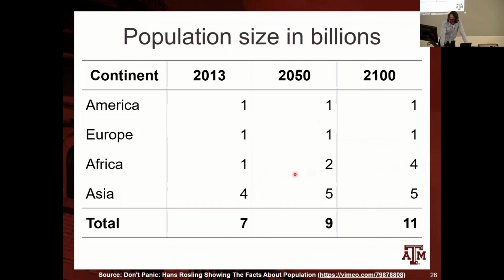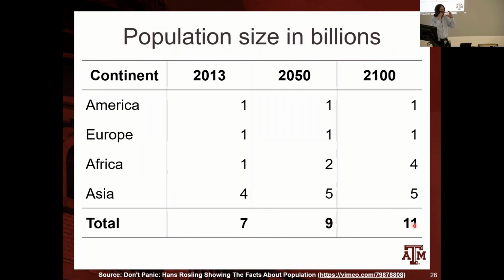In Asia, it's going to increase 1 billion by 2050, and then stabilize around that. So the population is now a little more than 7 billion, now in 2021, increasing up to 9 based on projections, and then 11 billion, and then it's going to continue there.